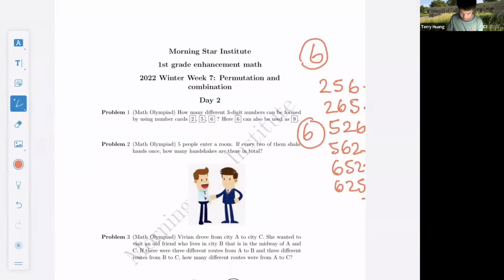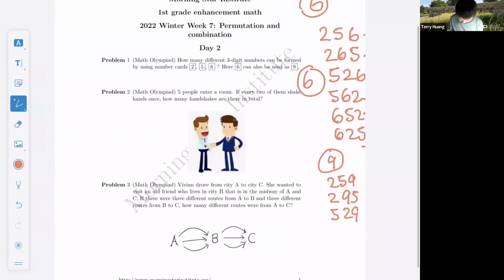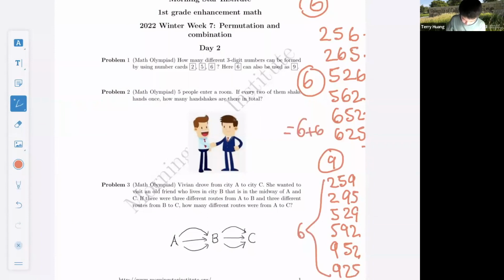The other case is that we consider it as a 9. So we have the cases 2, 5, 9, 2, 9, 5, 5, 2, 9, 5, 9, 2, 9, 5, 2, and 9, 2, 5, which is also 6 cases. So 6 plus 6 equals 12. So in this case, the answer is 12.